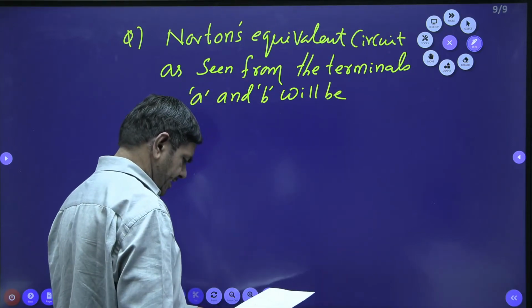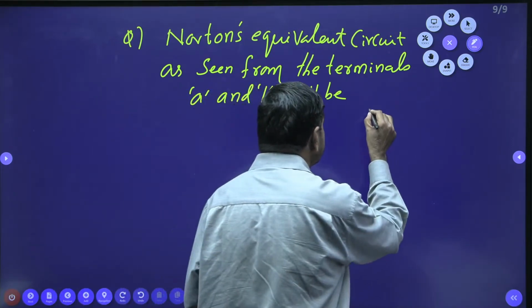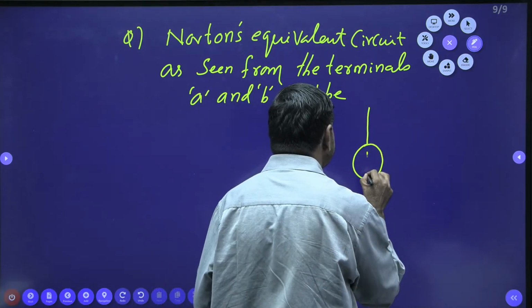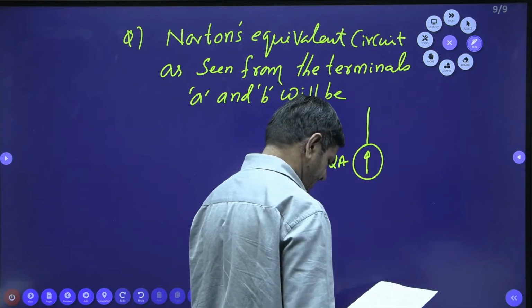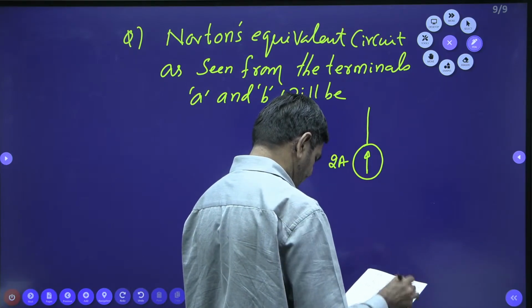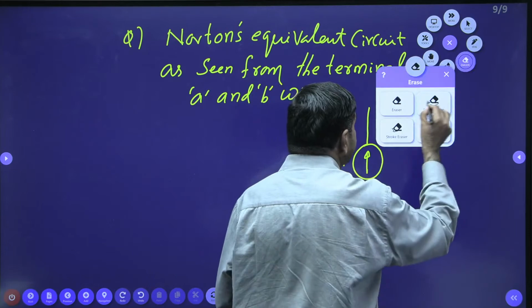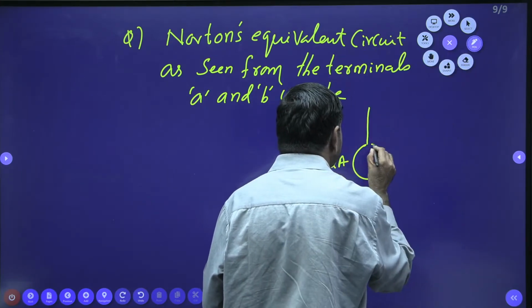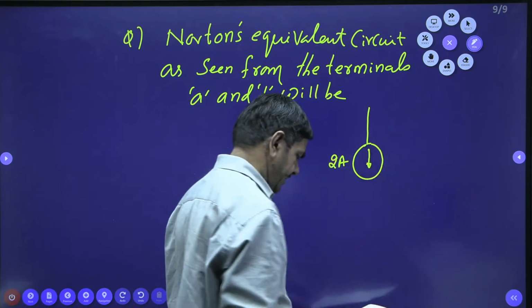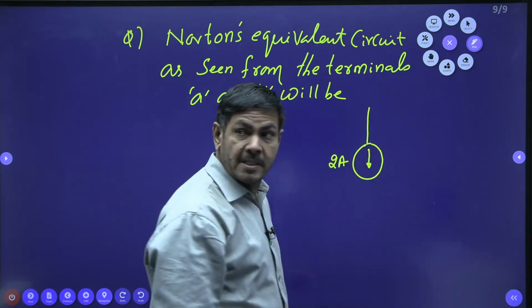The network is given here now. 2 amperes of current is passing this side. This current is 2 amperes. And here I got a 2 ohm resistor, with the current in the down direction only.